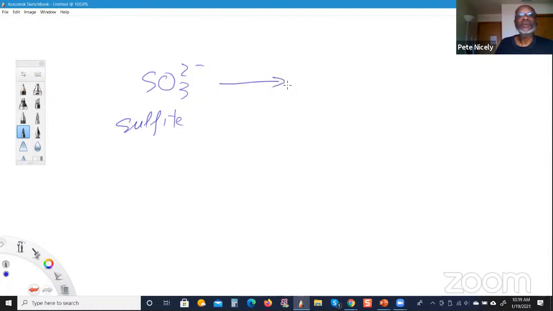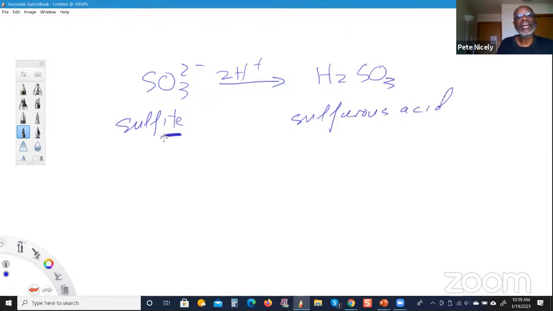If you add 2H plus to this, you're going to get H2SO3, all right? And the corresponding name of this acid is sulfurous acid. So you see how we modify the name. The ITE ending of the corresponding anion is replaced by OUS acid, all right? So sulfite becomes sulfurous acid, all right?